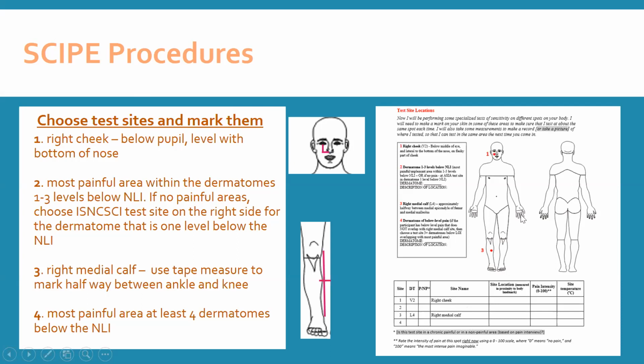You may also want to take a picture of the area of the test site, if you're allowed to by your IRB, so that you'll have that as a reference for when the person comes in for their next visit, their 12-month follow-up visit. So you'll be able to try to test in the same spot as closely as possible.